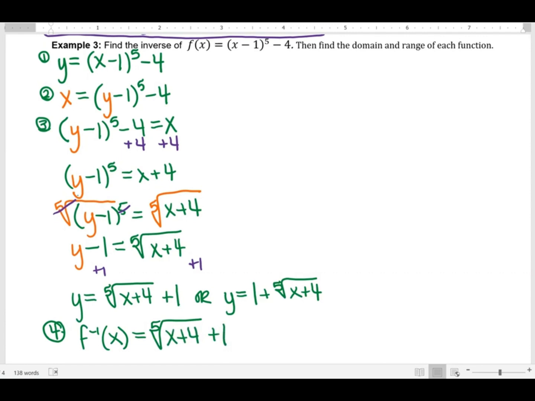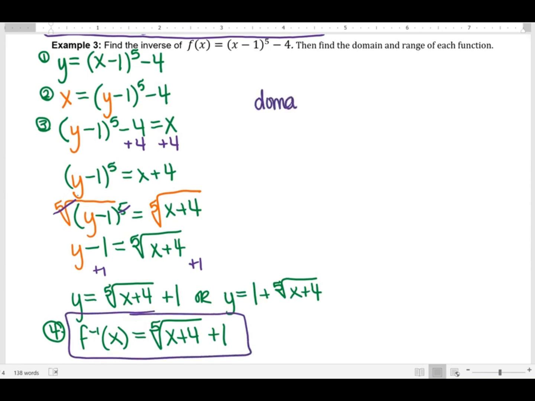So this time we have a radical equation for our inverse. It is not a polynomial, but that's okay. We can still find the inverse. Okay, so domain and range of each function. Let's go ahead and do our chart.